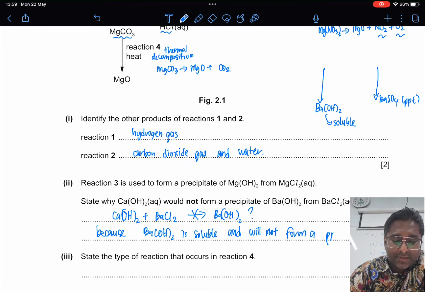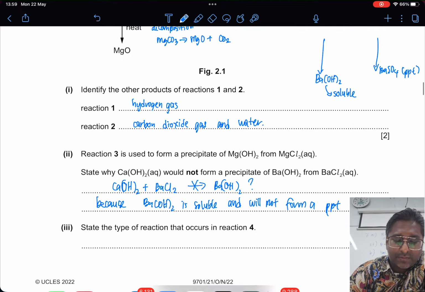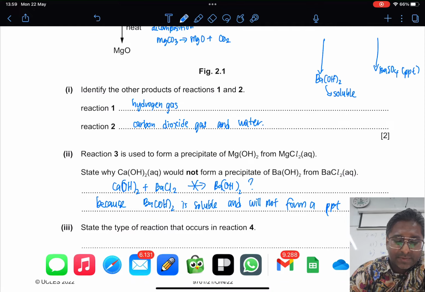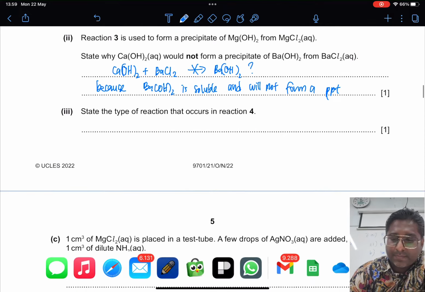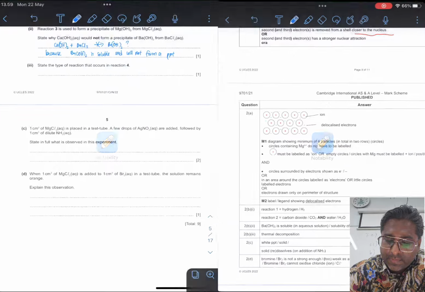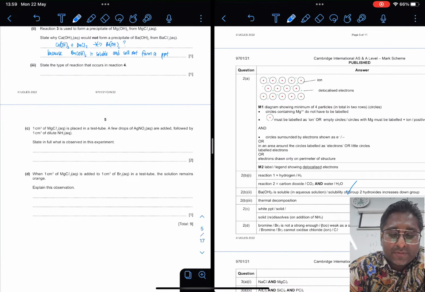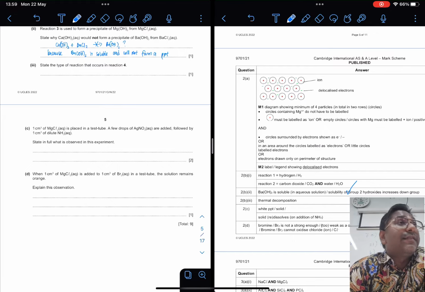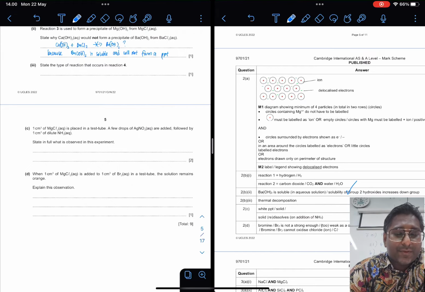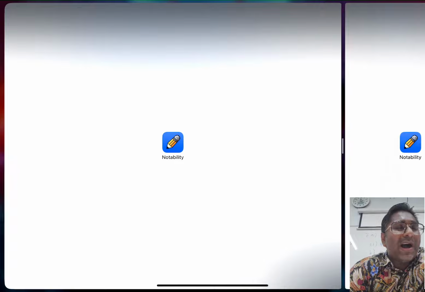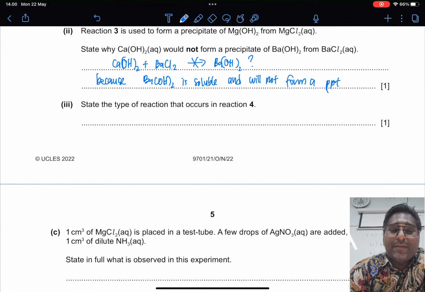Let's see what is the answer. It should be soluble and will not form precipitate. You can see, barium hydroxide is soluble in aqueous solution. Solubility of hydroxide increases down the group. So you just need to apply that. Why? You no need to worry because that's A2 work.